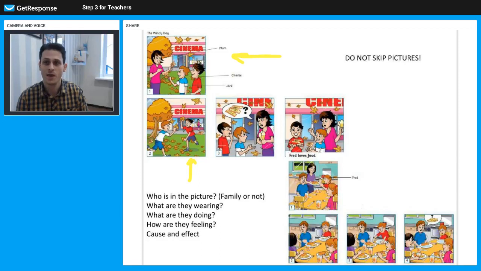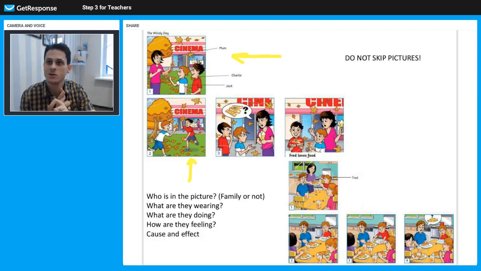And it could be that Charlie and Jack are outside the cinema. They are playing. Fine. Enough. There's no need to go much further. It's only step 3. However, something to remind students of, and this is great to get additional points, is first they should identify, are the people family members or not?